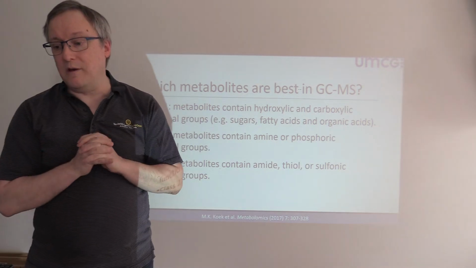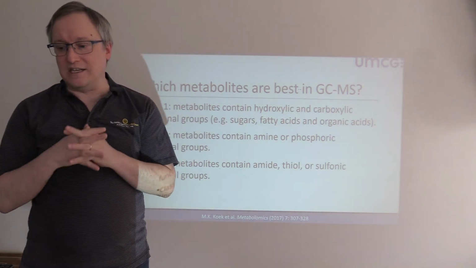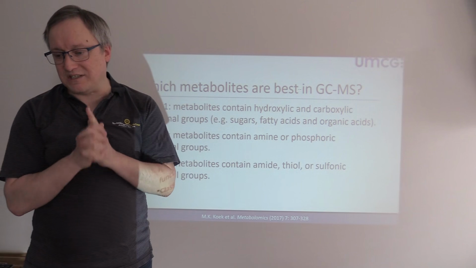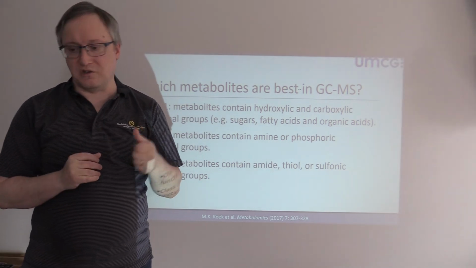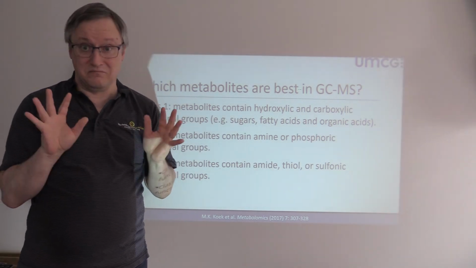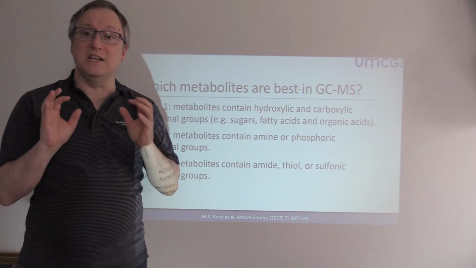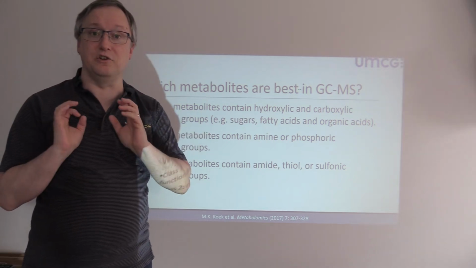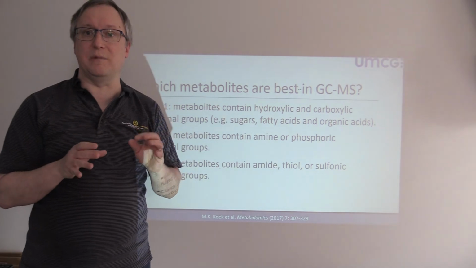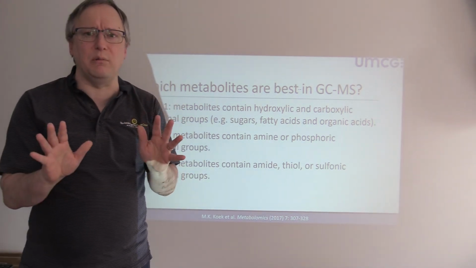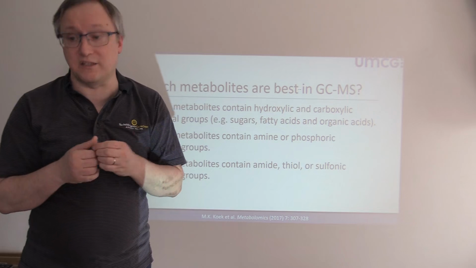So we start with class 1, the metabolites that contain hydroxylic and carboxylic functional groups: sugars, fatty acids, and organic acids. This is all good. Getting these to fly and to be protected in the course of GCMS can be thought of as a solved problem, but there are always ways to refine it.